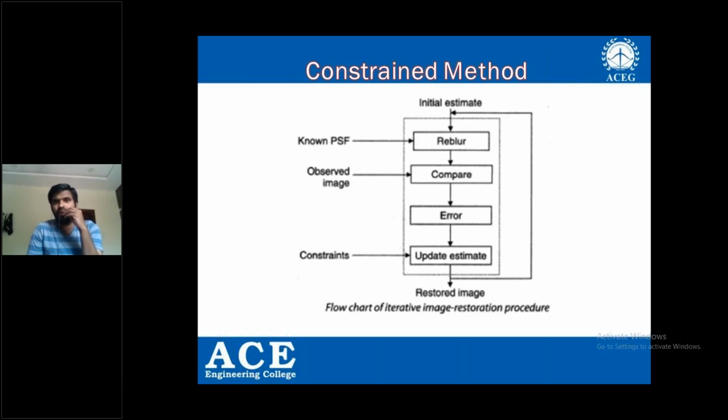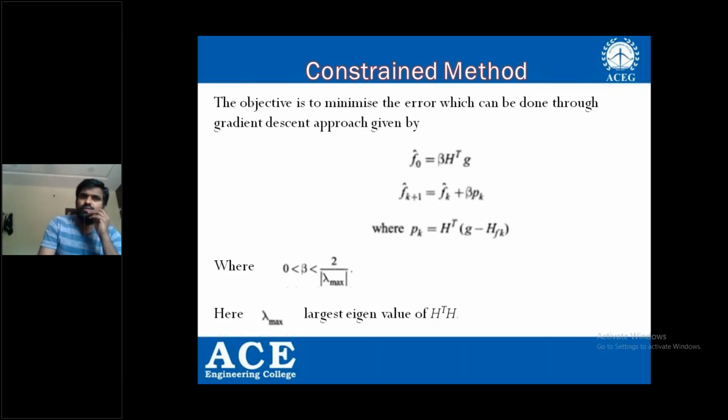First reblur, then compare with the observed image. If you get any error, update the estimate again. It is a chain process until you get the restored image, right? The objective is basically to minimize the error, which can be done through a gradient descent approach.